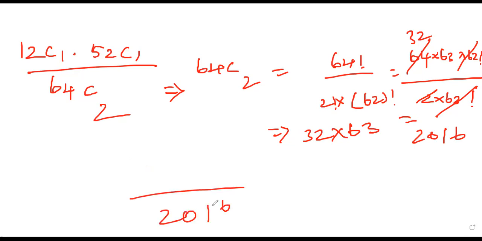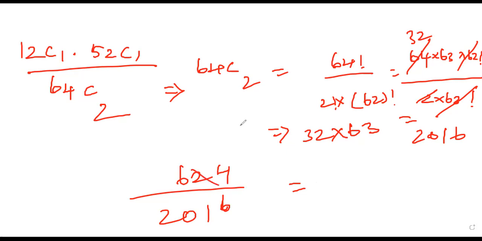So you will divide. What was your numerator? The numerator was 12 into 52, which is 624. So you will divide this by this. This is the probability that friends will play with each other. How will you simplify this?